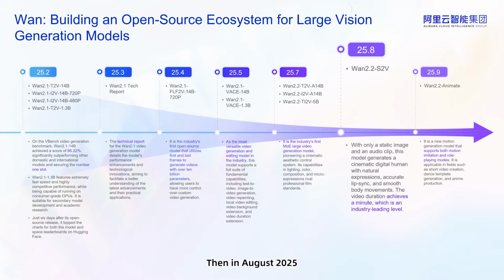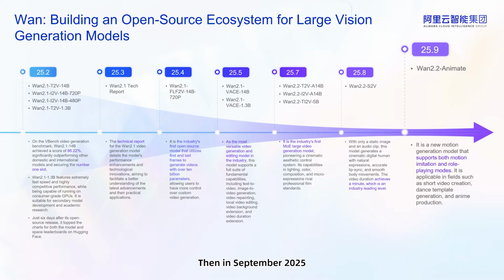In August 2025, we open-sourced S2V, the first large model in the Wan series for digital human generation. By inputting a static image and a video, users can generate a digital human video with accurate lip syncing and natural expressions. In September 2025, we open-sourced Wan2.2 Animate, a video generation model for the digital human domain, enabling motion replication and role-playing.